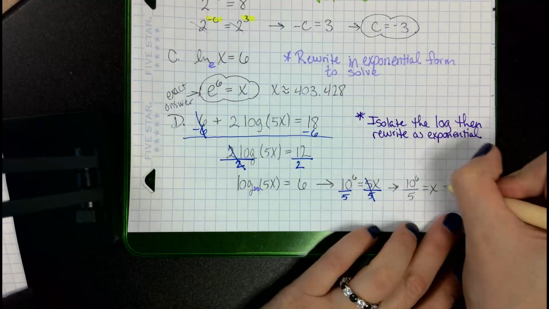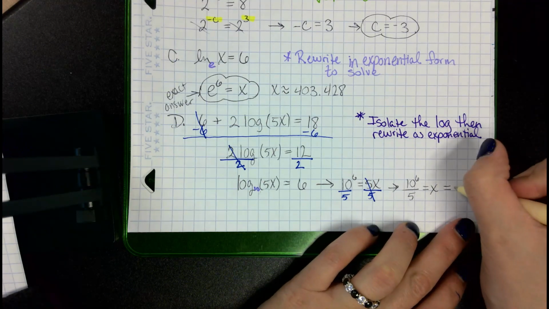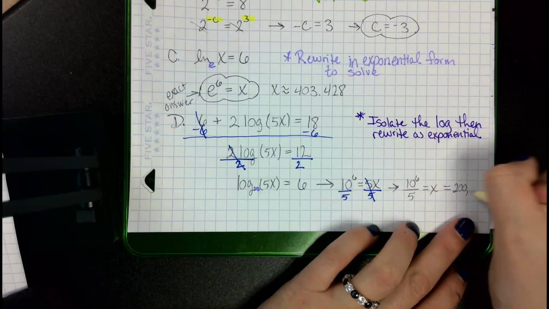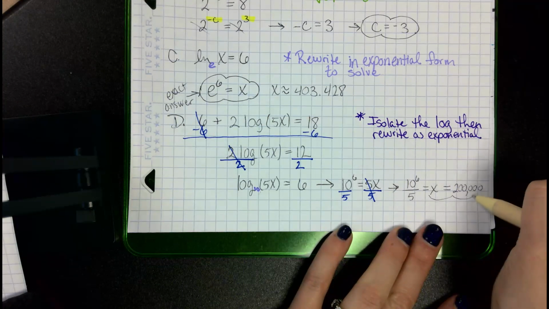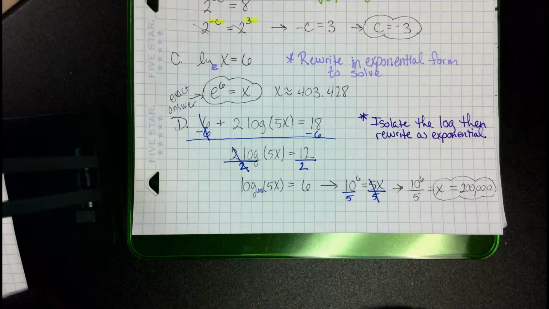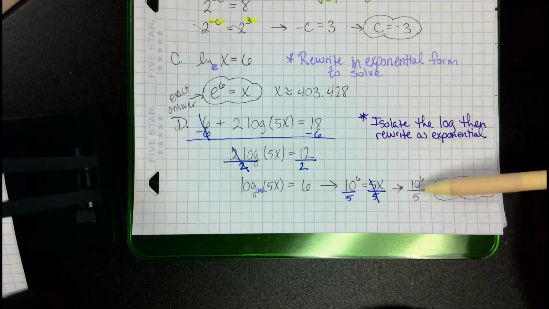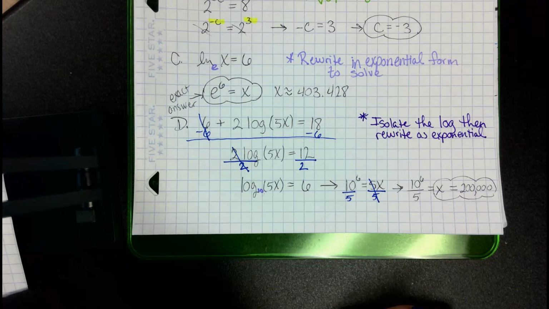So x equals 200,000. So when you have 10 to a power, that tells me I have a 1 with 6 zeros behind it. But if I have 10 divided by 5, 10 divided by 5 is 2. So it's going to be 2 with 5 zeros behind it.